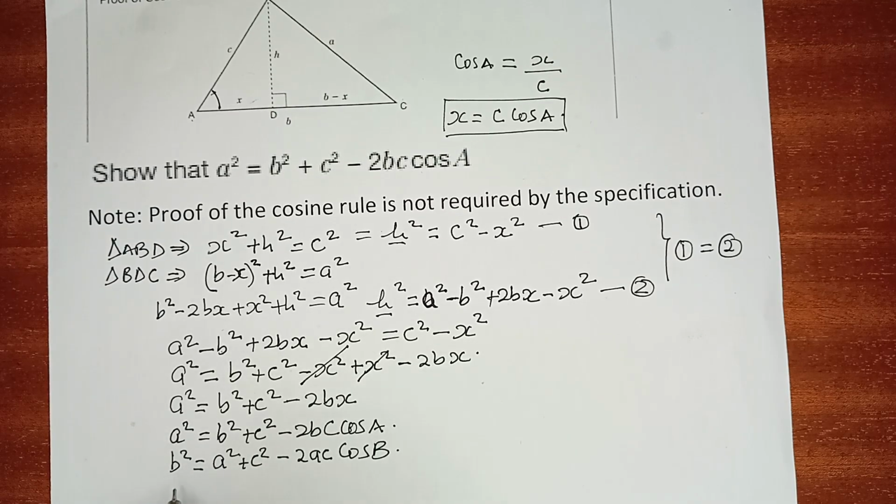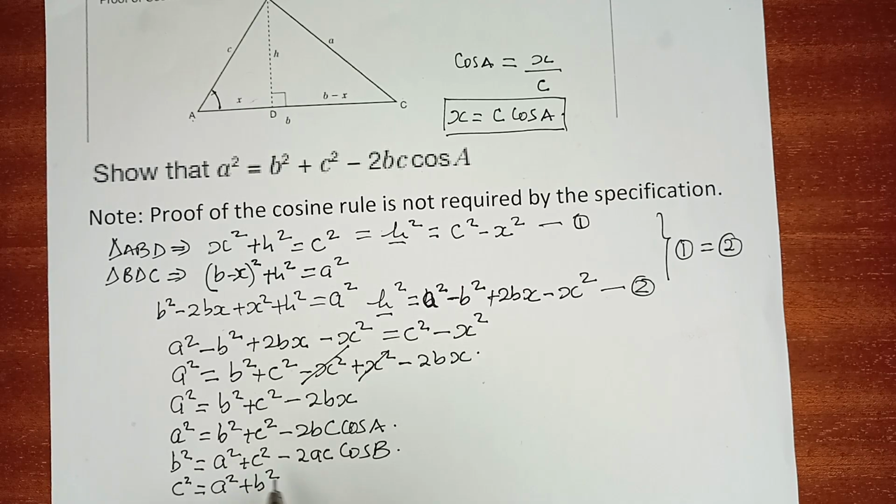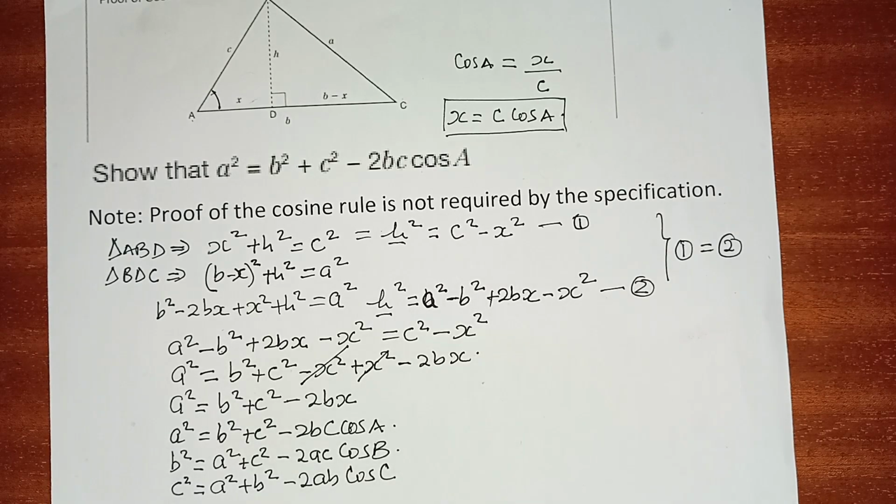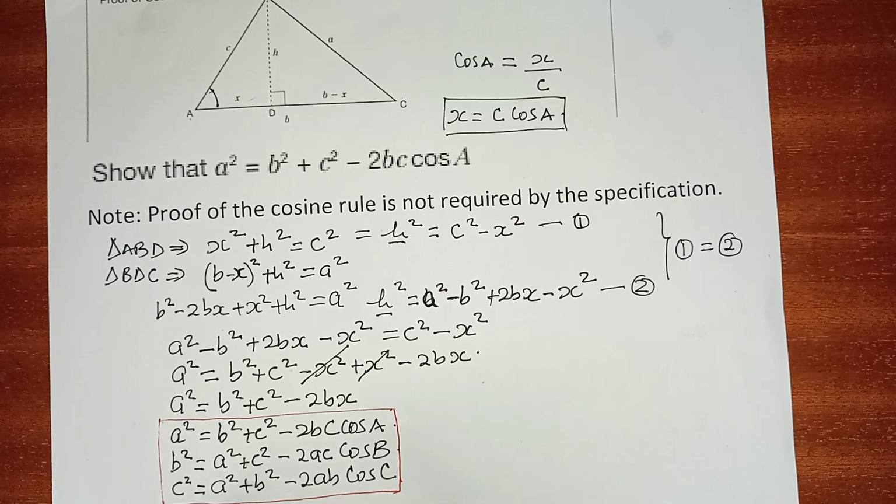If you wish to start with side c, we'll say c squared is equal to a squared plus b squared minus 2ab multiplied by the cosine of angle C. This cosine rule can be used to calculate any side, and to some extent it is also going to be used to calculate angles.